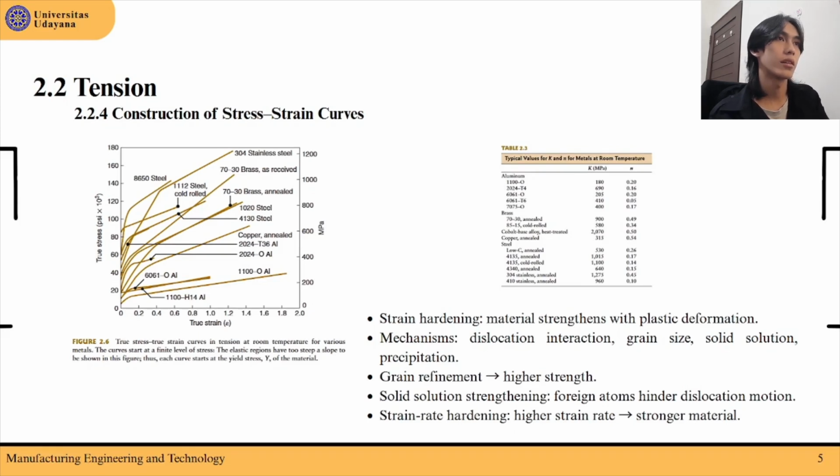Okay, next slide is the construction of the stress strain curve. This is just the construction of the stress strain curve. It tells us that the material can be strengthened in different ways. Strain hardening increases strength as deformation increases, and grain refinement improves strength by reducing grain size.